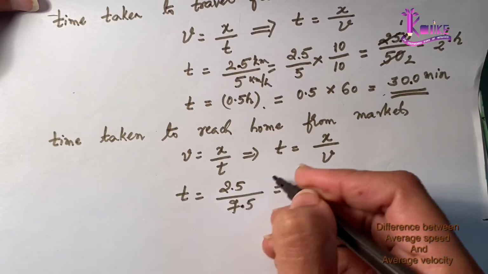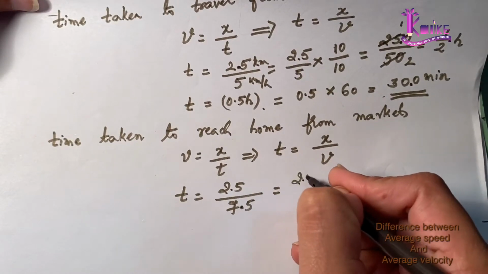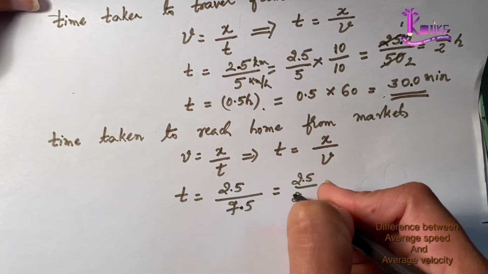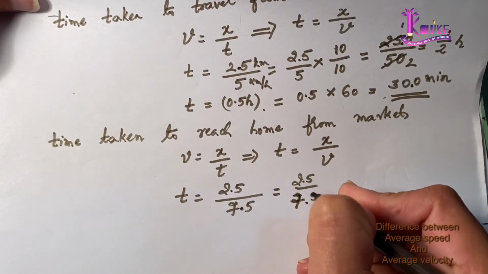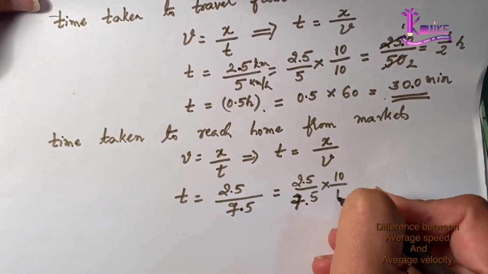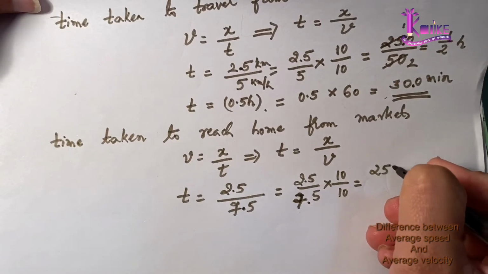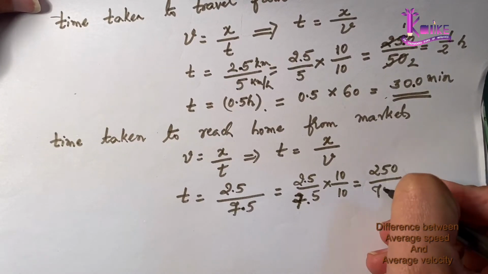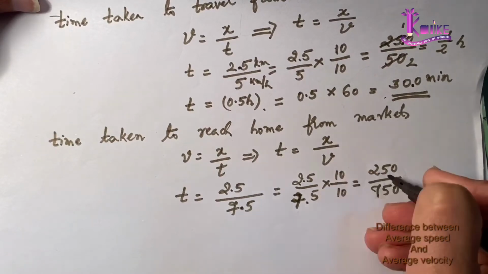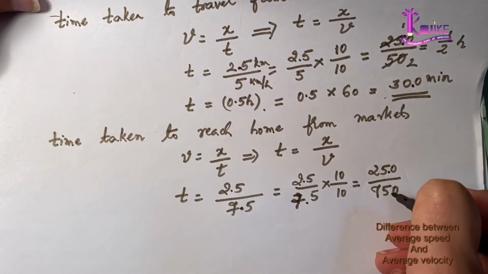So both numerator and denominator have decimals after single digit. So you multiply both the numerator and the denominator by 10 by 10, which will not change the value. When you multiply, it will be 250 divided by 750. Keep the decimal point after one digit.